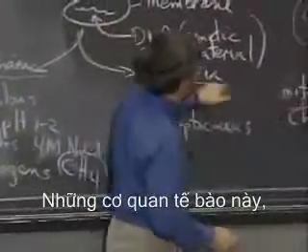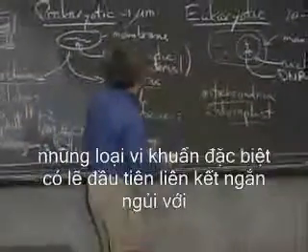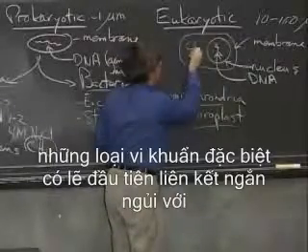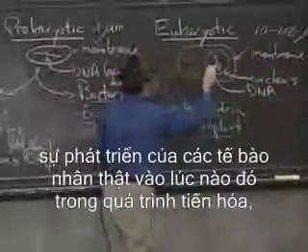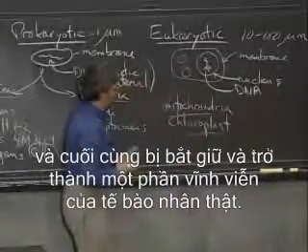These organelles, the mitochondria and the chloroplasts, were derived from a particular type of bacteria that probably first got transiently associated with developing eukaryotic cells sometime back in evolution, and eventually became captured and became a permanent part of the eukaryotic cell.